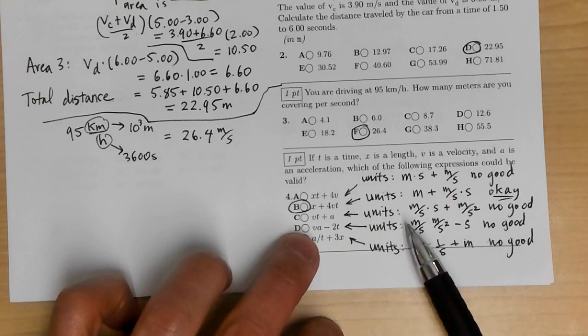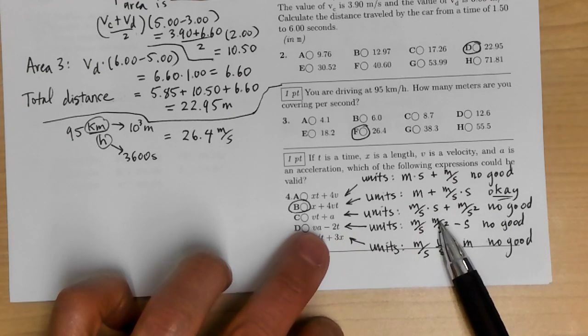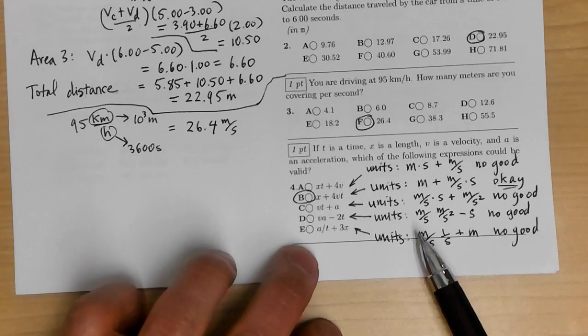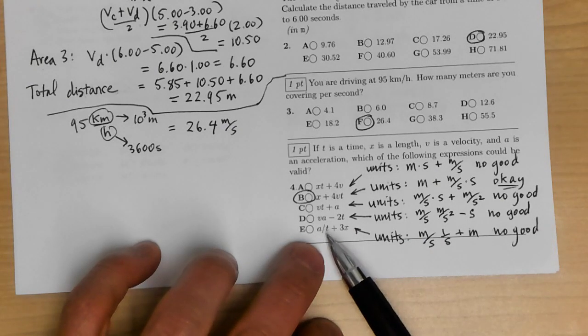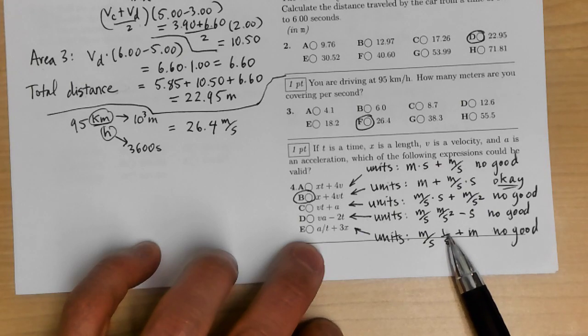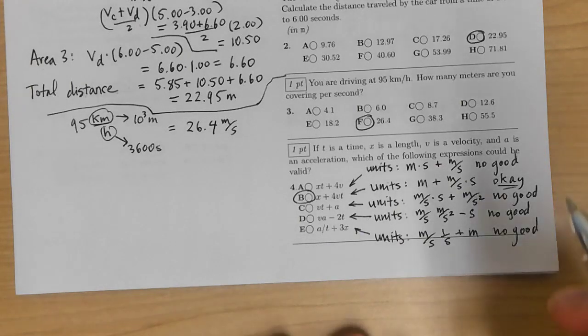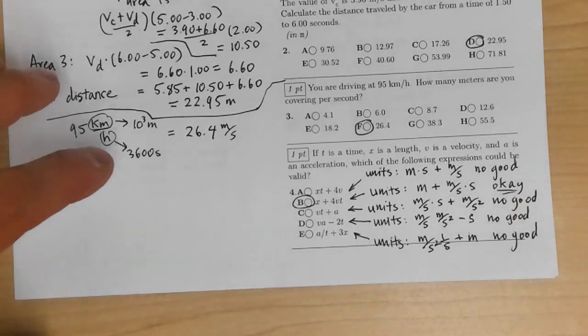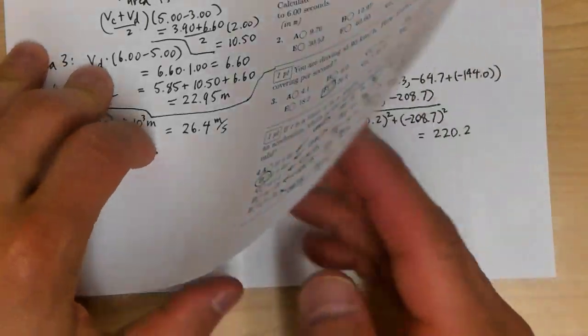And then v a is meters per second times meters per second squared minus something else in seconds. That's no good either. And then acceleration over time, that's meters per second squared divided by seconds plus meters, and that's no good.